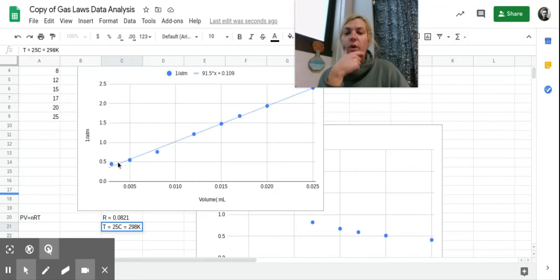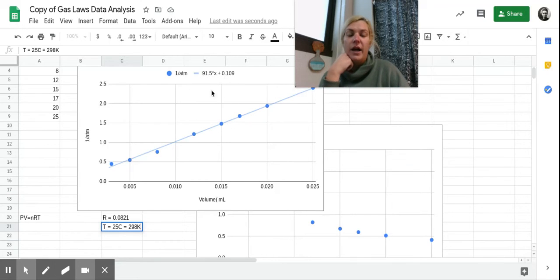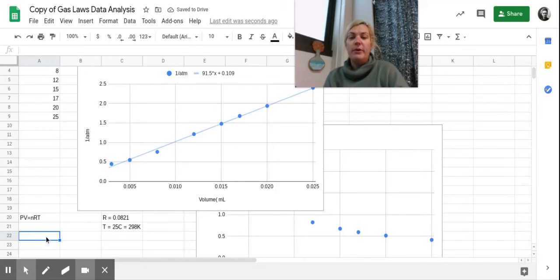Okay. Now what we just solved for with this slope of the line is basically P times V. So we don't really care what pressure is because we're going to use the slope to help us solve. So I'm going to rearrange the equation for moles. I'm going to say moles of air is equal to RT divided by PV.